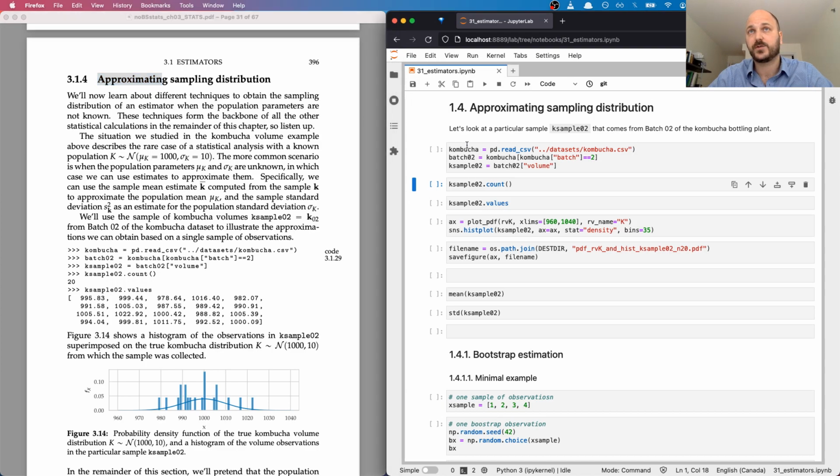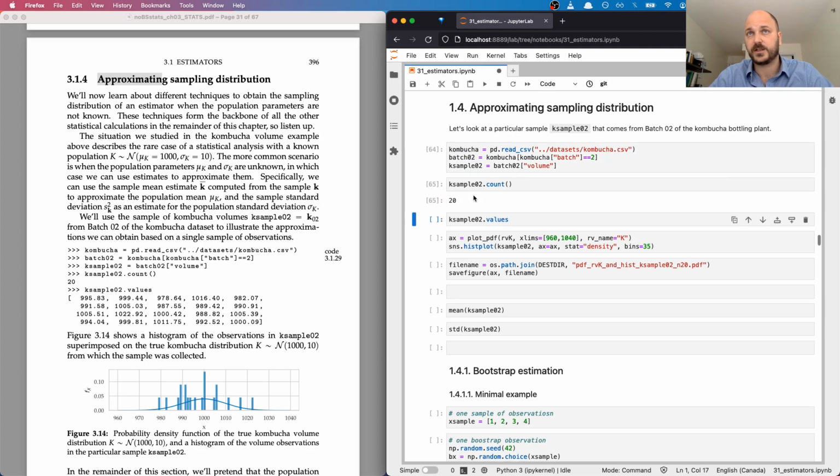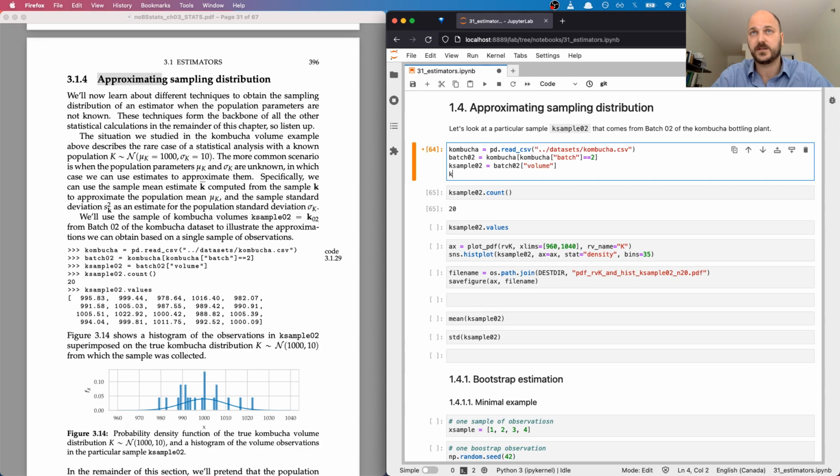Okay. So here is the data set from kombucha volumes. And this data set contains samples from several batches. And we're going to use batch 2 as our example.